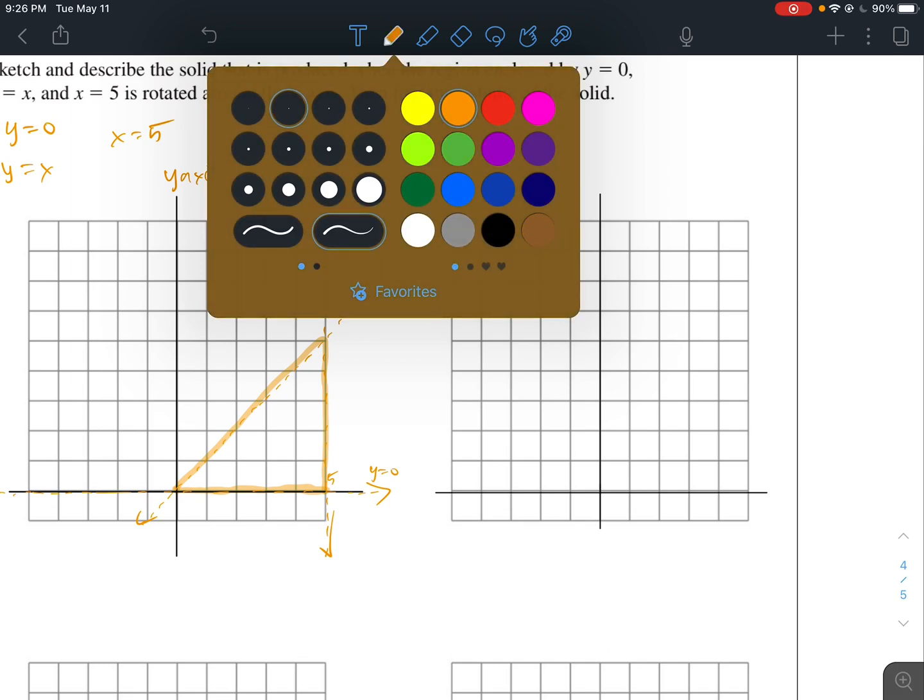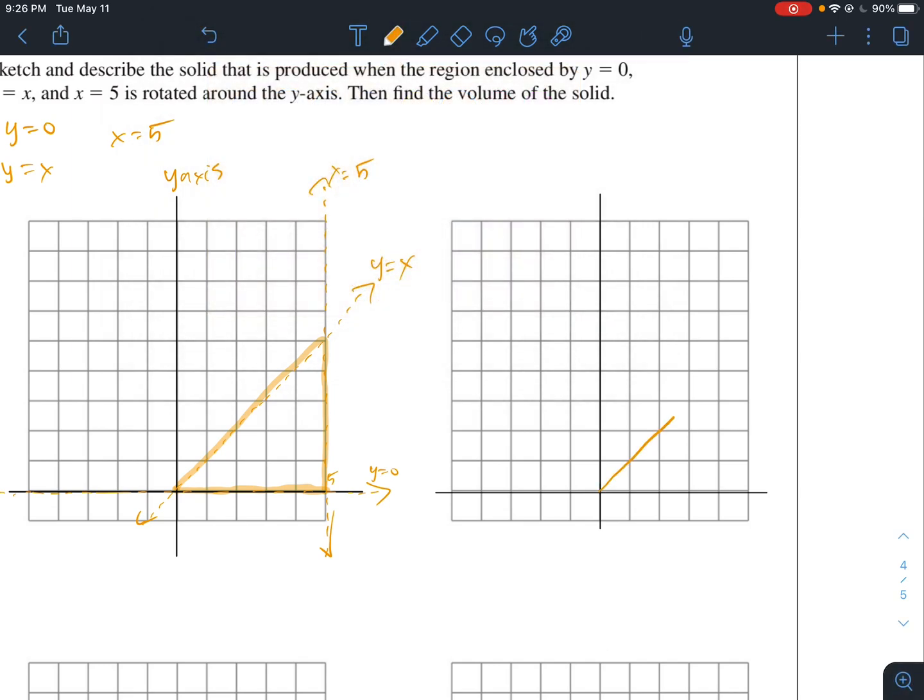So let's draw this region on both sides. Okay, so we know it goes up right there, down, and right here. And if we reflect it across the y-axis, similarly, it's just going to be symmetrical. So that's what it's going to look like if we were just looking at it from the side right there.